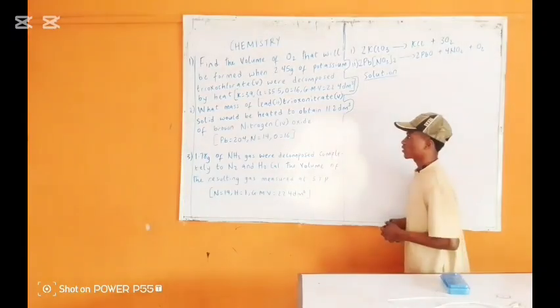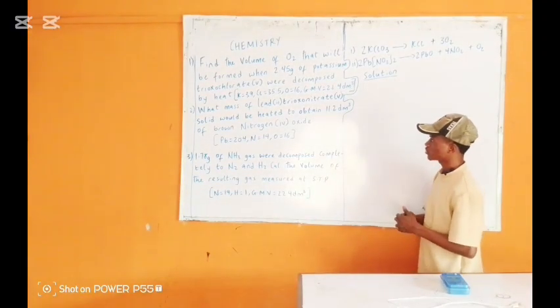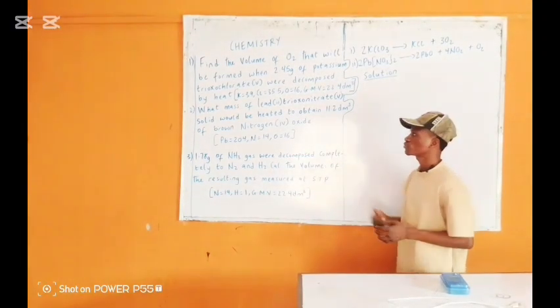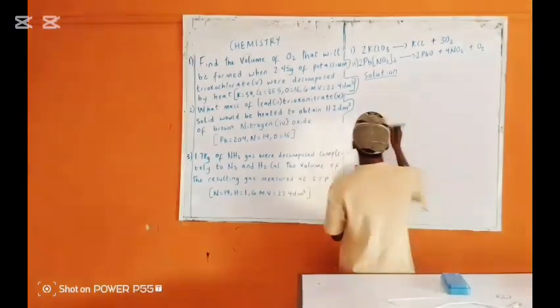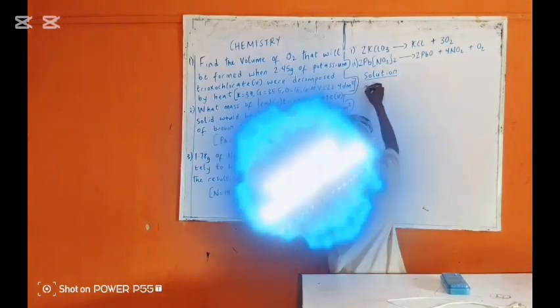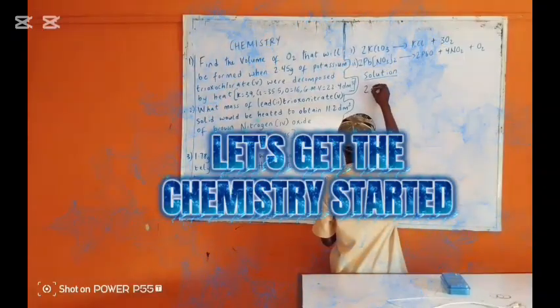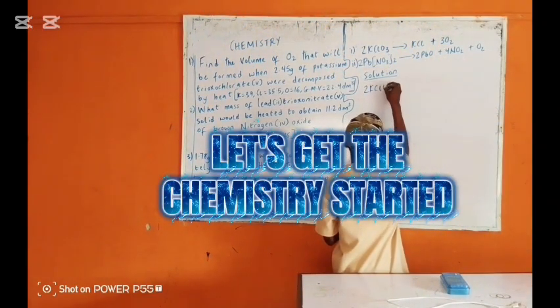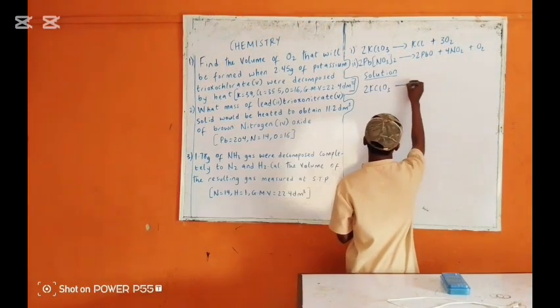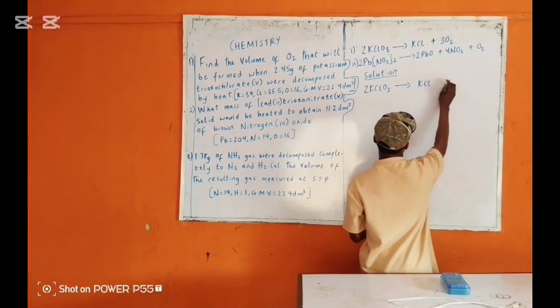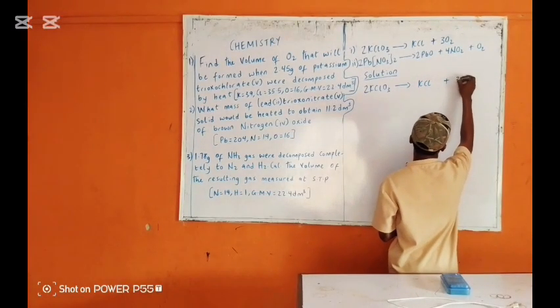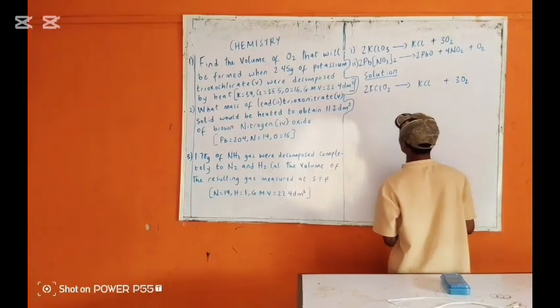So let's quickly deal with number 1 question. We'll now move to number 2 question. So we are given potassium trioxochlorate decomposed by heat to form potassium chloride and oxygen gas.